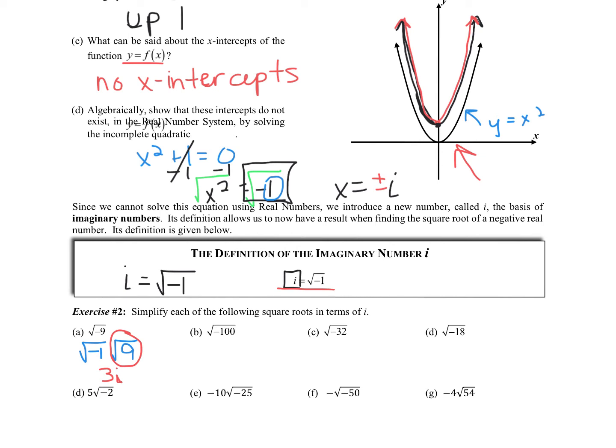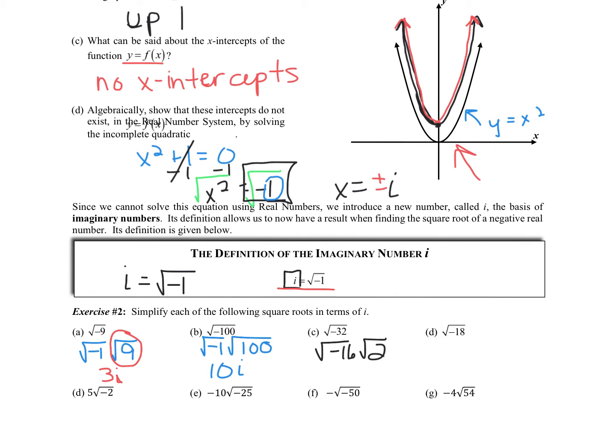So looking at the next one, I can break up square root of -100 into -1 times 100. So square root of 100 is 10. Square root of -1 is i. I would watch one more because now we're going to have not a perfect square. But basically, you can go and just try this section when you're ready. -32, I could break that up into -16 and 2.